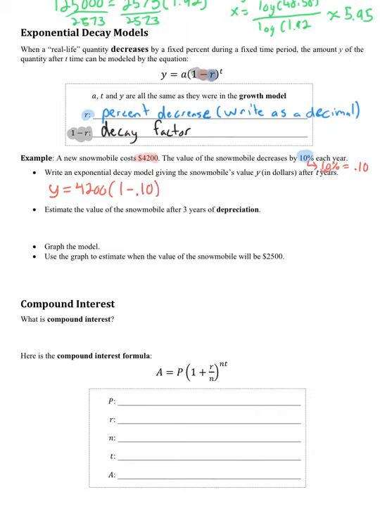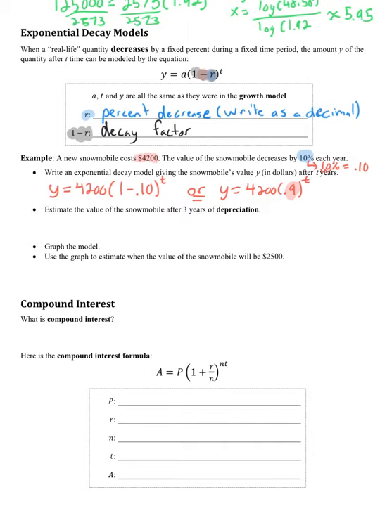So 1 minus 0.10 to the t, or if we do that subtraction, we would just get 4,200 times 0.9 to the t power. And I like that 0.9 to the t because now I can see this is definitely a decay problem because the number here is smaller than 1. All right, a lot easier to see after we complete that subtraction.